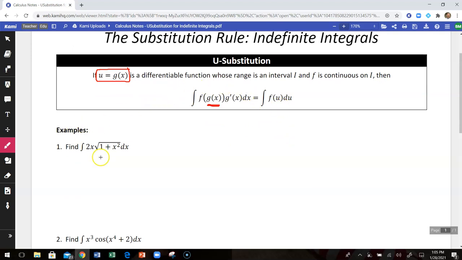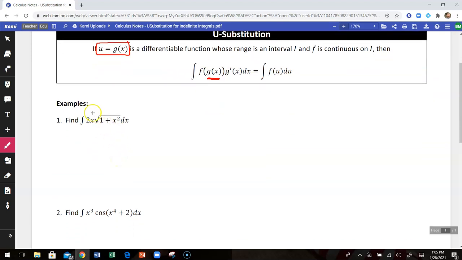So let's look at an example here. I have the integral of 2x times the square root of 1 plus x squared dx. Now, ideally, I would like to change the inside of this so that I don't have a product going on here. I've got 2x times this square root. I don't like that because I can't take the antiderivative of each term going backwards if I've got a product inside.